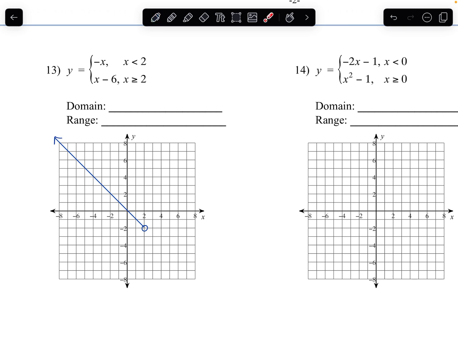And the next graph is going to be x minus 6. So that's positive slope, but it's going to look like this right here. But I only want to draw it from this point right here onward. So like that.